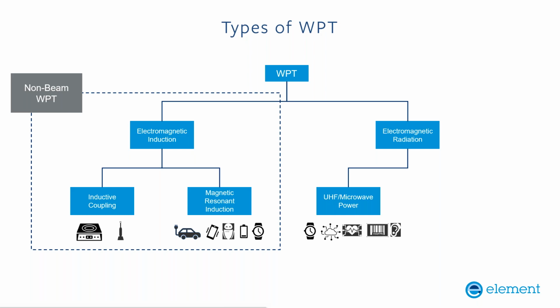So you could argue that a microwave oven is a type of wireless power transfer, not really transferring power itself, but certainly transferring that energy to a load, albeit in the case of food.